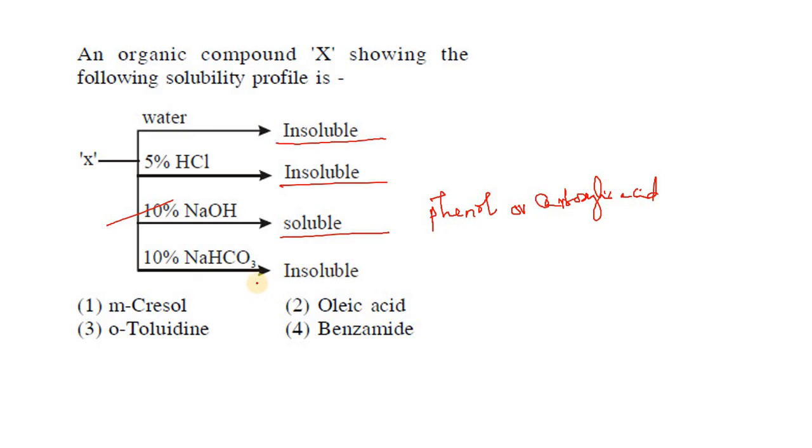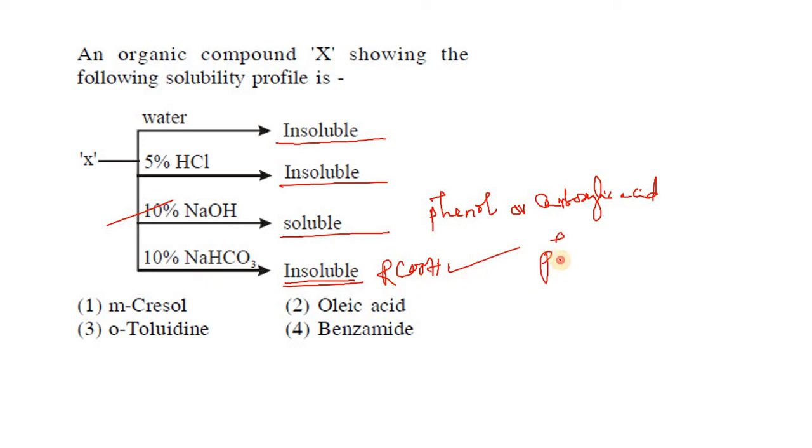And this one is insoluble in 10% sodium bicarbonate solution. If you take carboxylic acid RCOOH, this one is soluble in sodium bicarbonate, since carboxylic acid is more acidic than phenol.